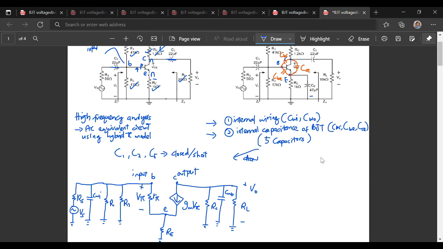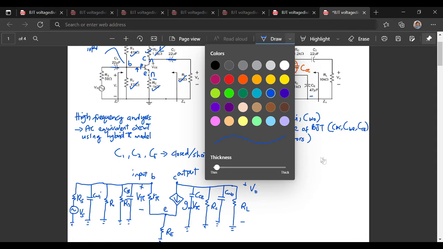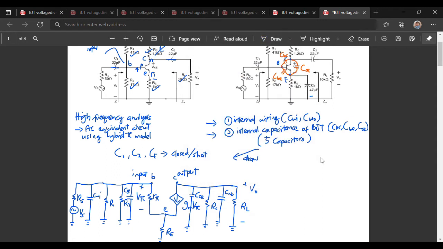So we draw the 3 capacitors. This is CBE. Here is CCE. And there is a capacitor between the CBC junction.